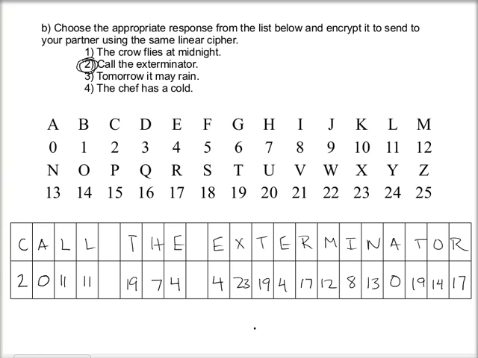So now I need to use my linear cipher to encode those position numbers and change them to their new position numbers. Remember, we had a linear cipher where K is equal to 9 and S is equal to 2. So if I have a position number A here, that's going to become A times K plus S mod 26.